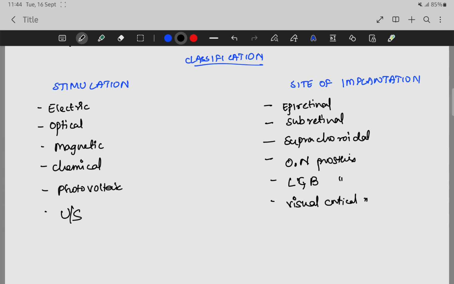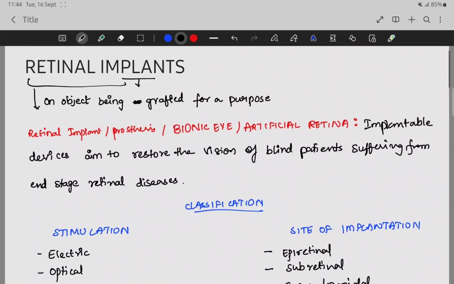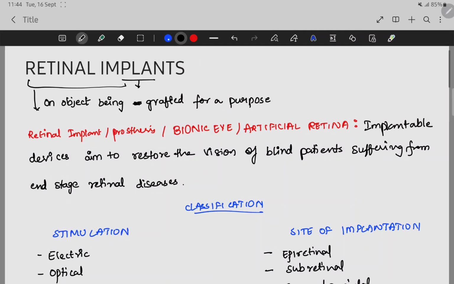So these implants can basically be used to either restore vision, or they can also be used for drug delivery. It is most commonly used for restoration of vision.